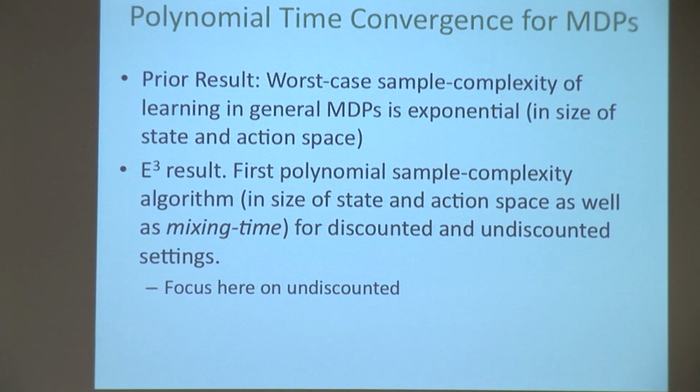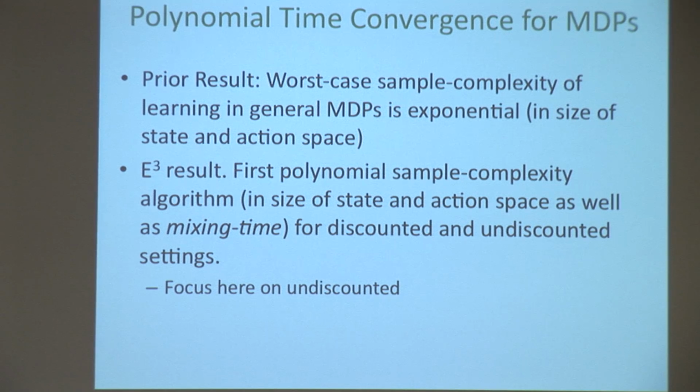So we went from a result that says exponential in states and actions to a result that says the only way it's exponential is if the mixing time is exponential in the size of state space and actions. What's the mixing time? The epsilon mixing time of a policy is the number of time steps you have to run that policy so that your distribution over states experienced under that policy is epsilon close to the stationary distribution, the limiting distribution of that policy.